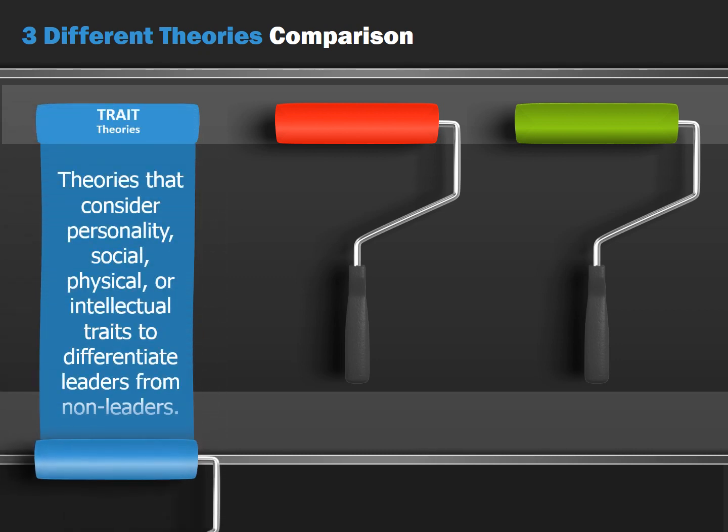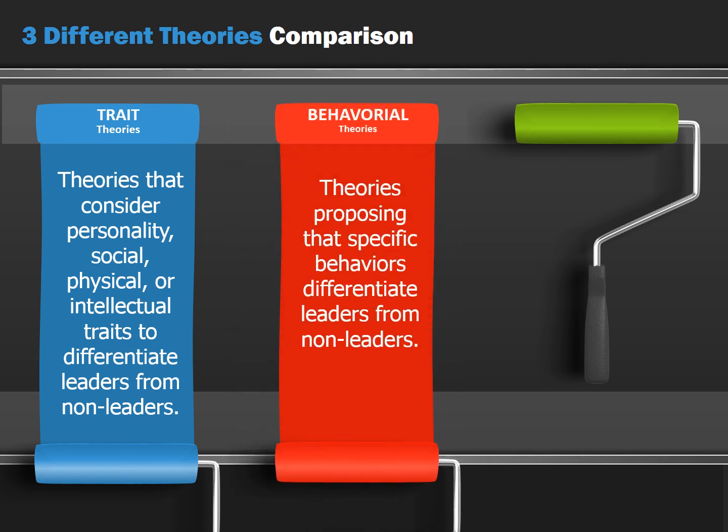The first theory is known as trait theories. These are the consideration of personality, social, physical, or intellectual traits that differentiate leaders from non-leaders. The second is behavioral theories. Theories proposing that specific behaviors differentiate leaders from non-leaders.